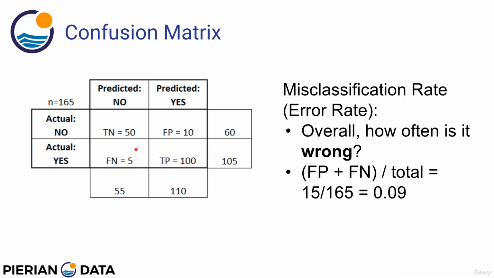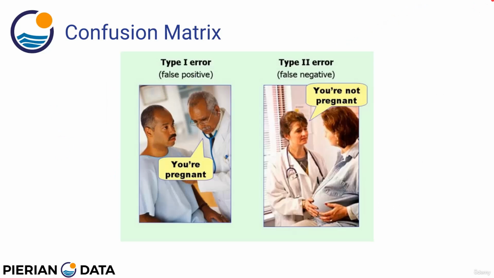If we go ahead and move along, we can think of type 1 error and type 2 errors as this funny little diagram as a nice way to remember it. So a type 1 error is where you're telling a man they're pregnant. Again, you're predicting yes, they're pregnant, but they actually don't have the pregnancy. A type 2 error is a false negative. Here you're saying someone that's obviously pregnant that they're not pregnant.